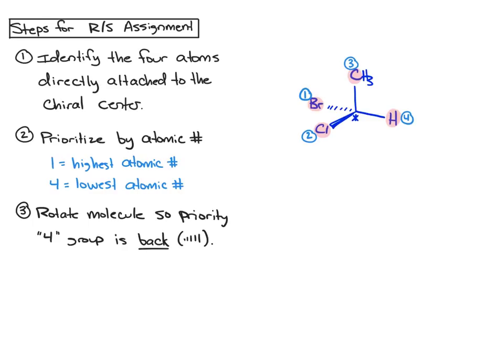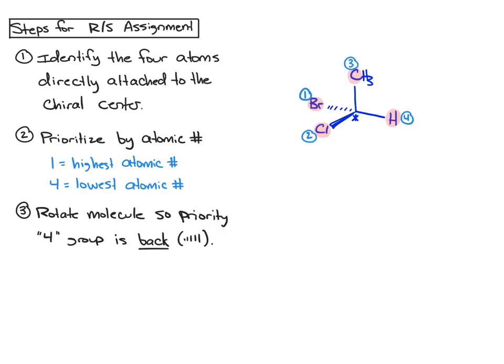Okay, our third step is that we have to rotate the molecule so the priority 4 group is in the back, meaning so it's on a dash. The easiest way I find to do this is by just finding a group to hold constant and then rotating the other 3 around.